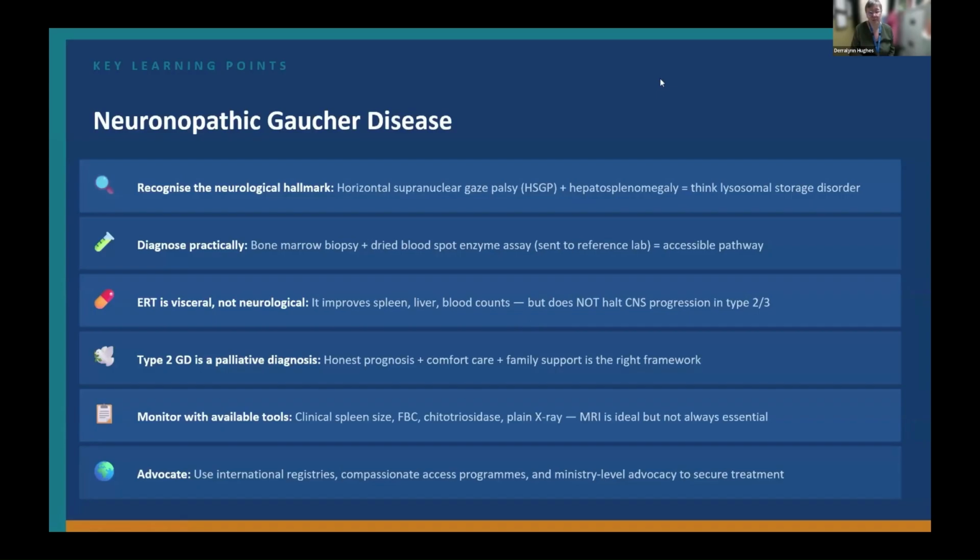We talked about enzyme replacement therapy and its role in addressing visceral disease and not neurological disease, and that in the context of both acute and chronic neurological disease, so type 2 also, but monitoring with the tools that we've got and trying not to interrupt treatment if that's at all possible through our various activities. So I will stop sharing there and hand over to whoever is next.